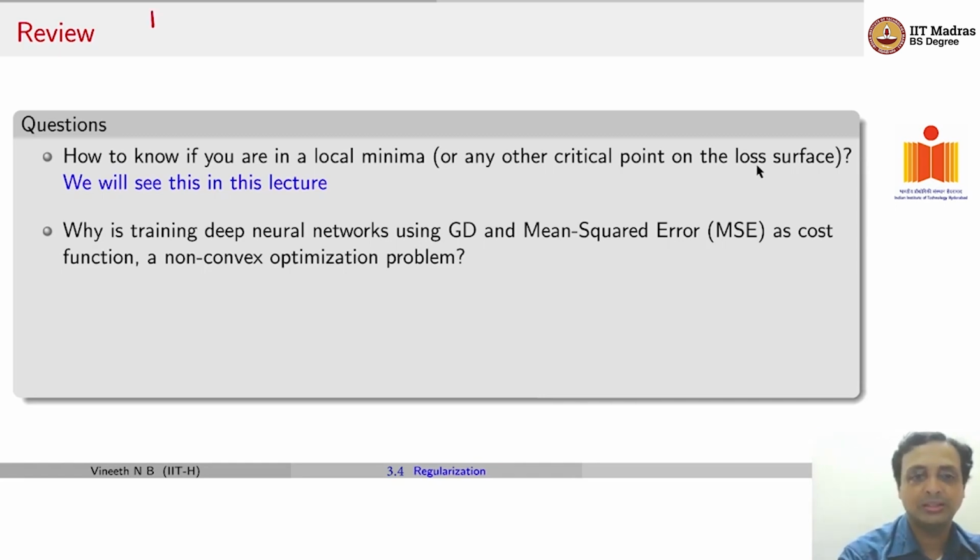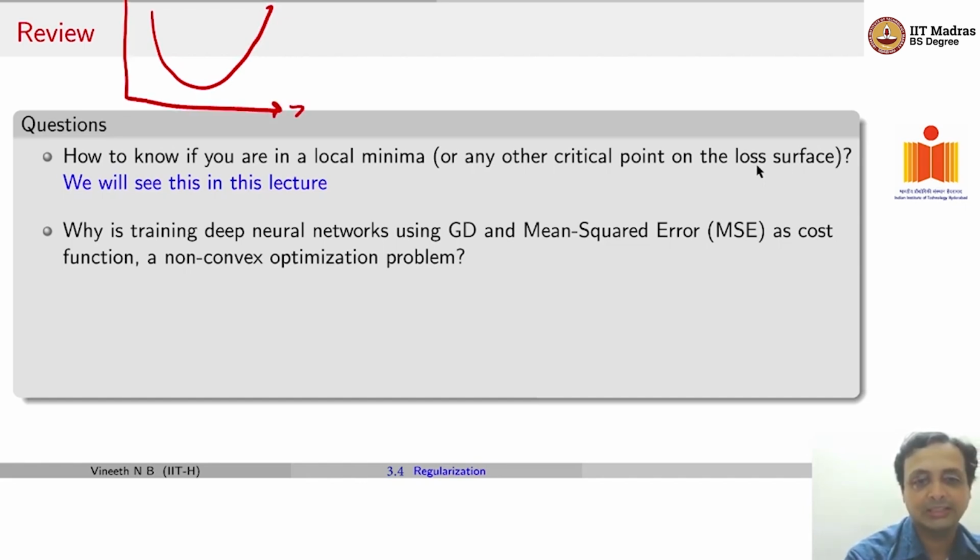So remember, this is a simple example of a convex function. The definition says that if your x-axis is here and here is your f of x axis, and you have a point x1 and a point x2, this is f of x1 and this is f of x2.